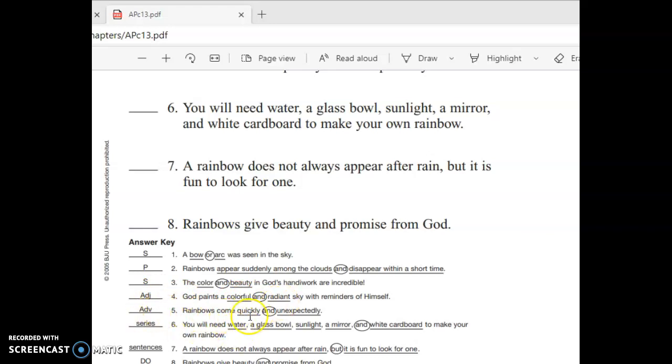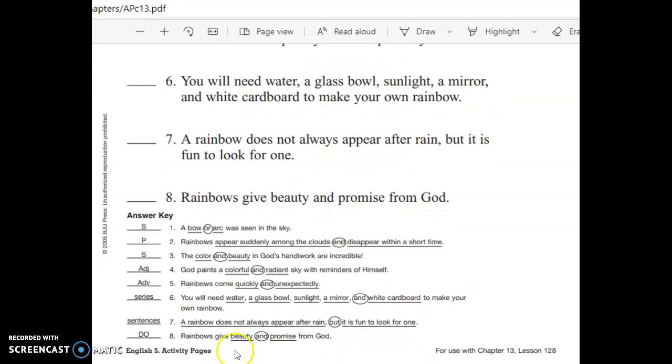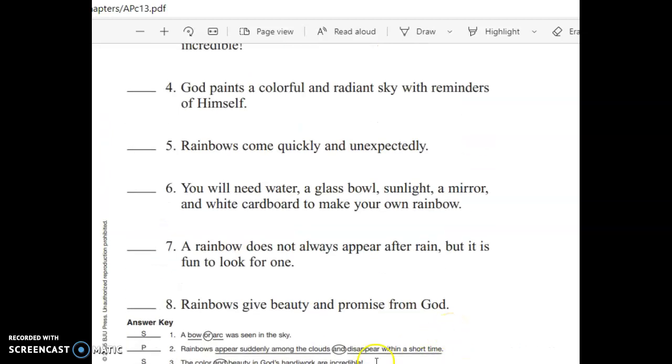Number 5, quickly and unexpectedly are adverbs being joined. Number 6 is a series being joined, and these are direct objects. And number 7, you have two sentences being joined, and number 8, you have two direct objects also being joined. All right, that is it for today's lesson.